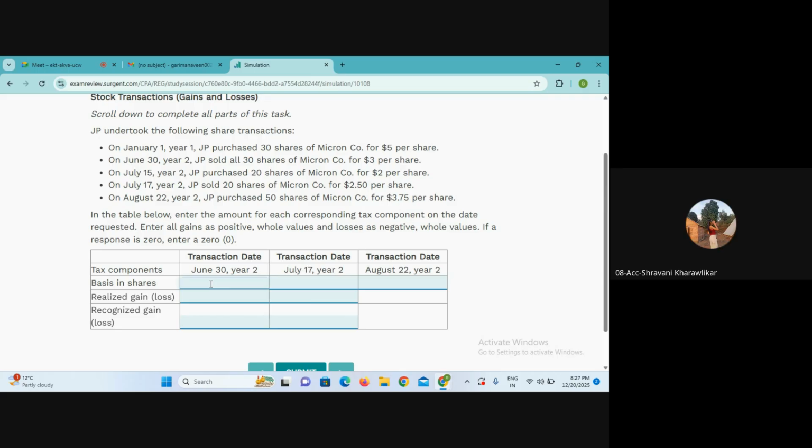Ma'am, we have to multiply 30 shares from January 1, right? Yes. So what should be the basis before you are selling the stocks?